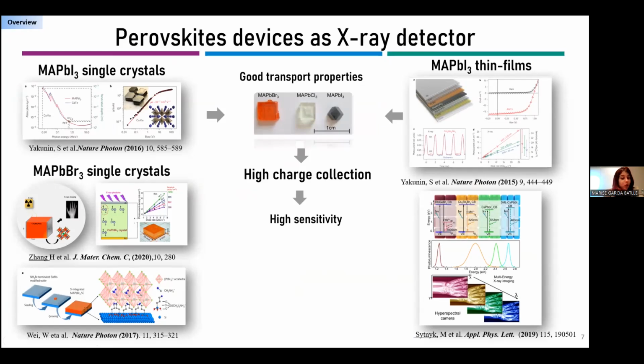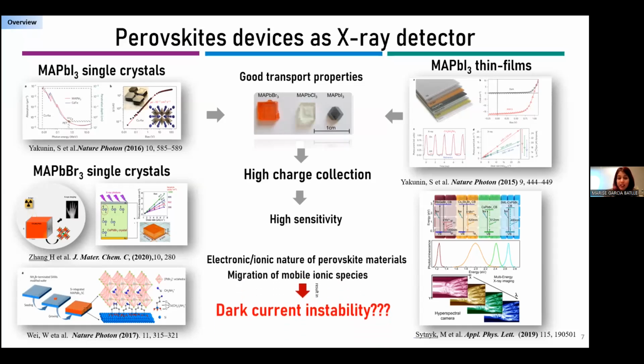But of course, not all that glitters is gold. Perovskite is a mixed ionic-electronic semiconductor, and the ionic nature of these materials and the migration of these mobile ionic species may generate dark current instability.